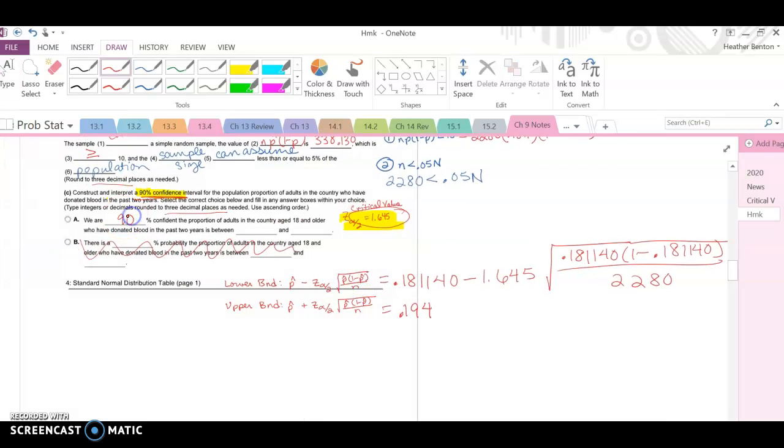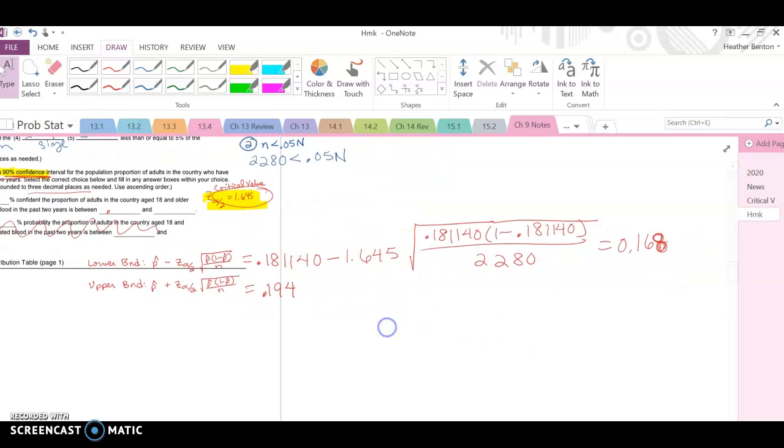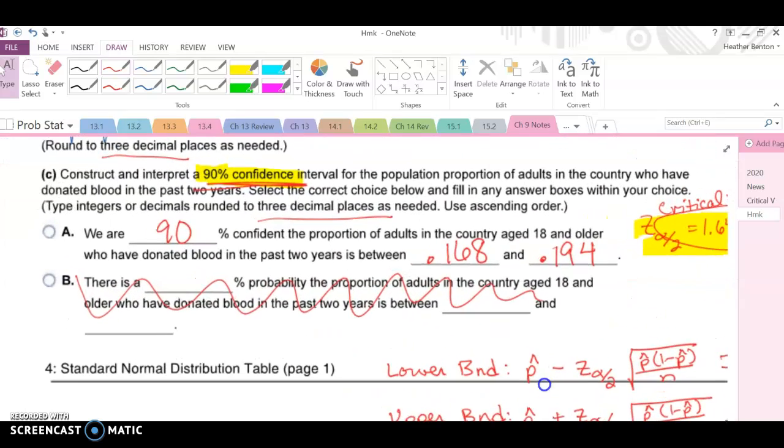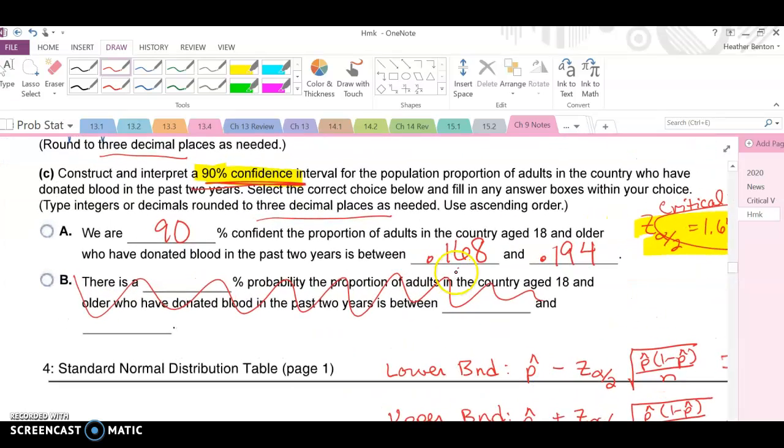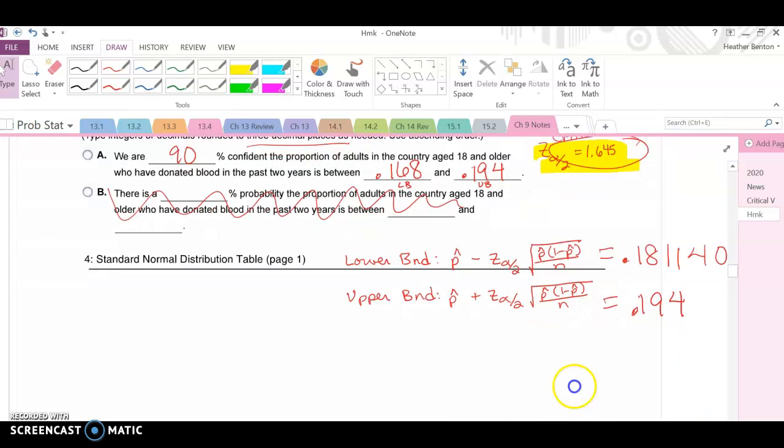So it's not a probability, it's a prediction of how many samples we think would contain the true proportion of people that actually donated blood in this scenario. So there's our two numbers, our lower bound and our upper bound, and our 90% confidence. So it's not a probability, it's all about a prediction of how many samples.